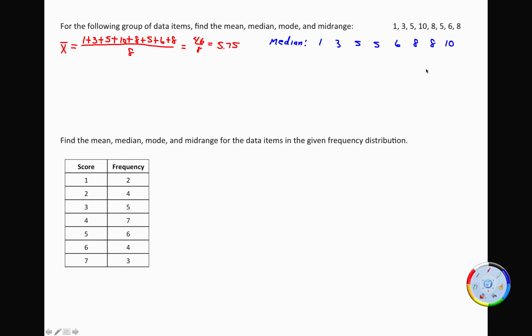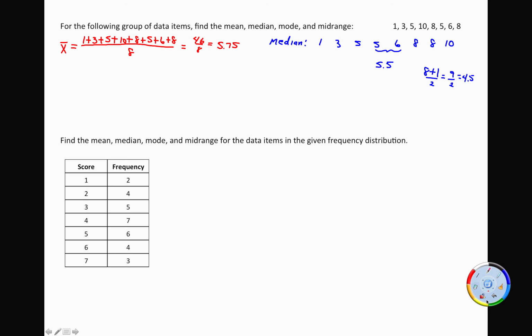Okay, and since there's 8 of them, the median will be between the 4th and 5th number. So 1, 2, 3, 4th and 5th. Halfway in between 5 and 6 is 5.5.